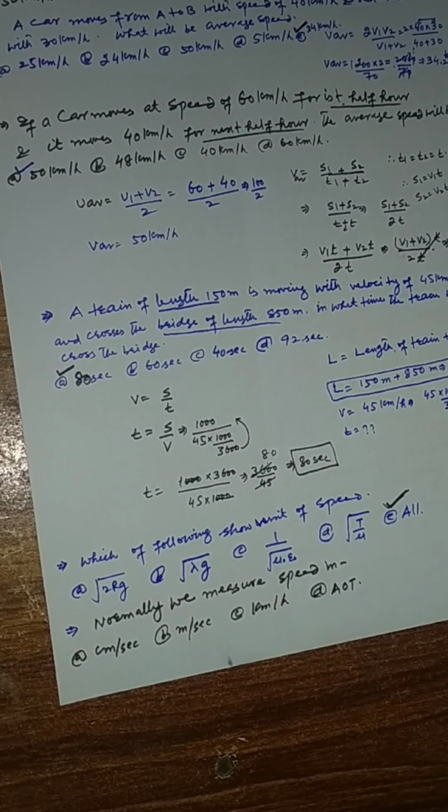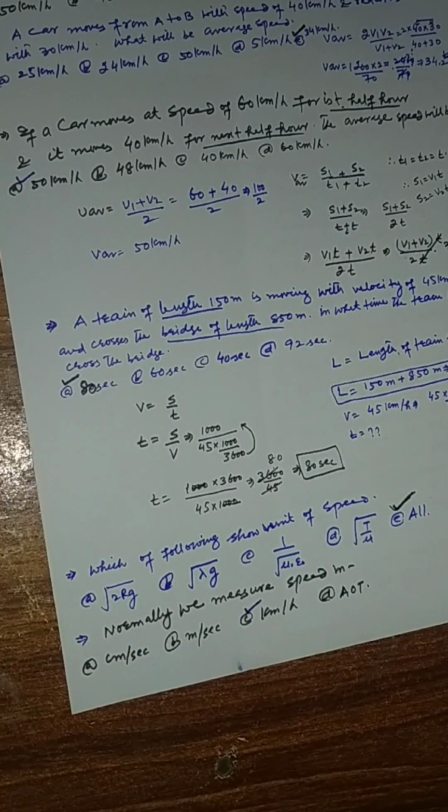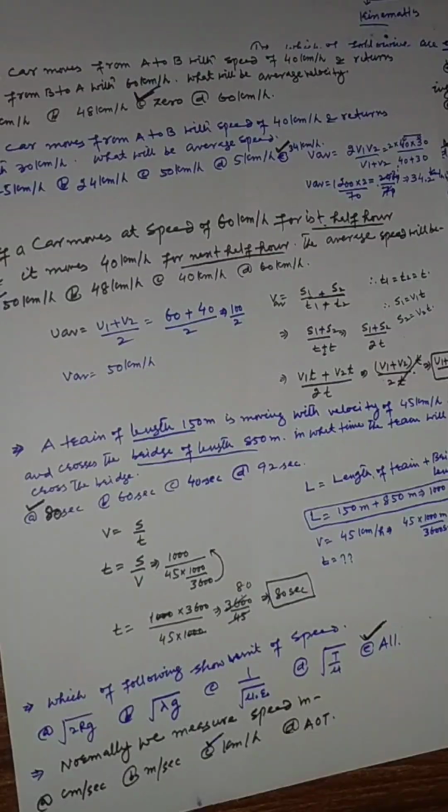So we normally measure the speed in kilometer per hour. So kilometer per hour is the correct answer. We measure speed normally in kilometer per hour.